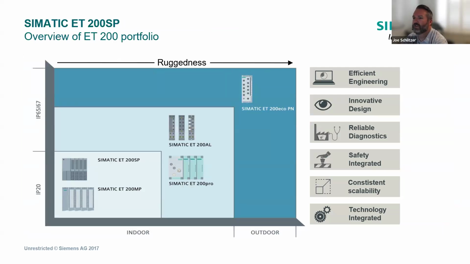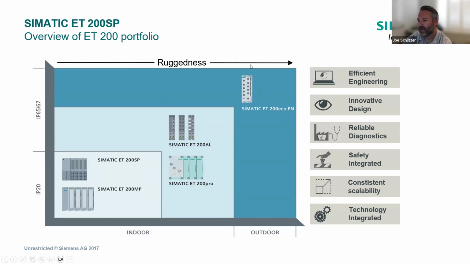So this goes over the ET200 portfolio. We were just talking about the ET200SP, but there's also remote I/O based on the standard 1500 modules. Those are called the Simatic ET200MP. Those are IP20 rated, so they go inside the cabinet. And then there are different flavors for outside the cabinet. There's the Simatic ET200AL.